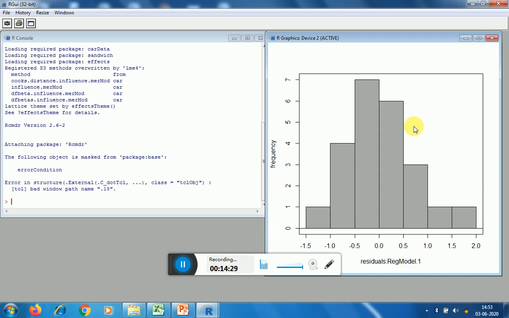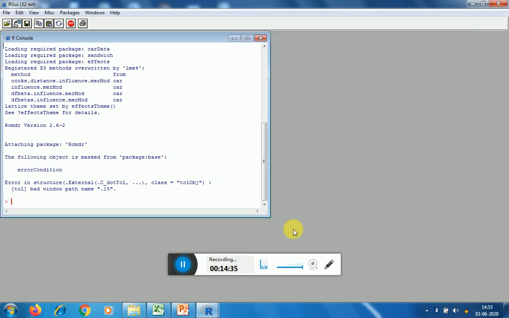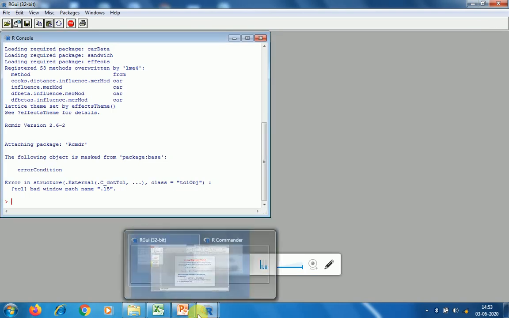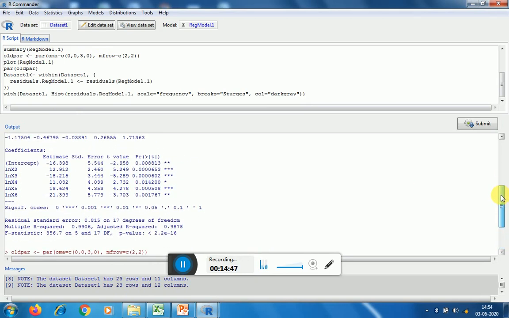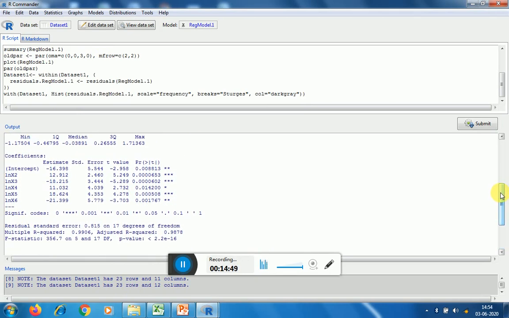The skewness is easily observable, and that is why, even though the various goodness of fit conditions seem to be fulfilled, if we perform some diagnostic tests, we can easily make out that this is not the appropriate model.